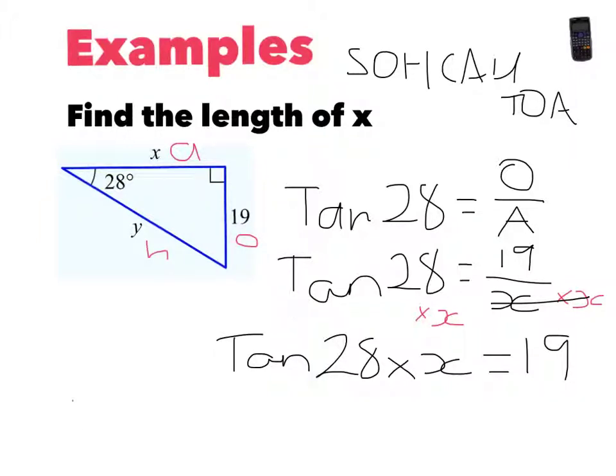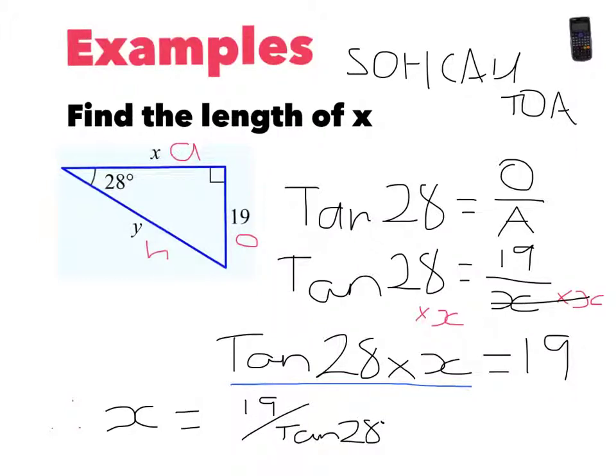Therefore, to get x by itself, I do the inverse: I divide both sides by tan 28. So x is equal to 19 divided by the tan of 28 degrees, which will give me an answer of, to 2 decimal places, 35.73. And that's it, guys. That's as simple as it is.